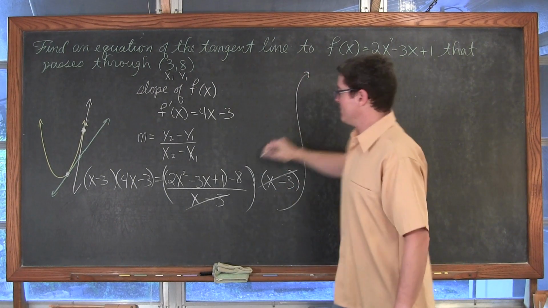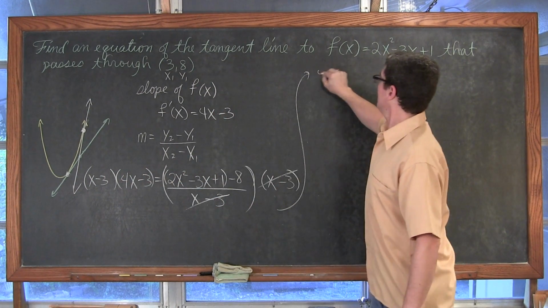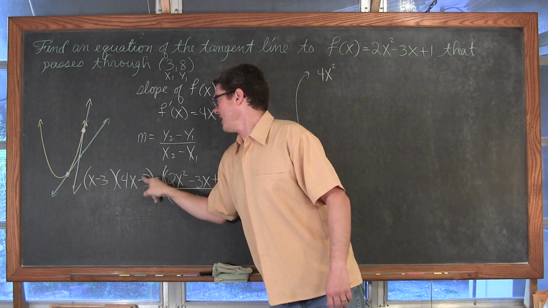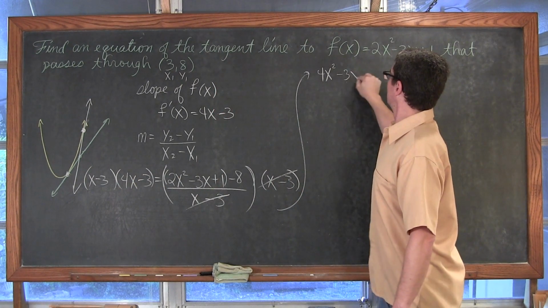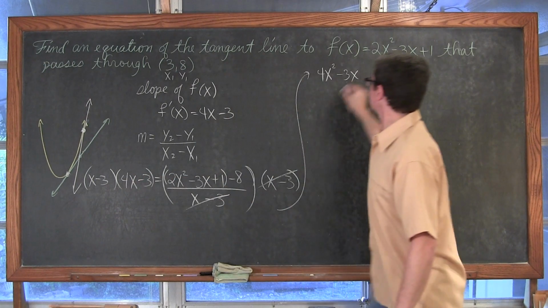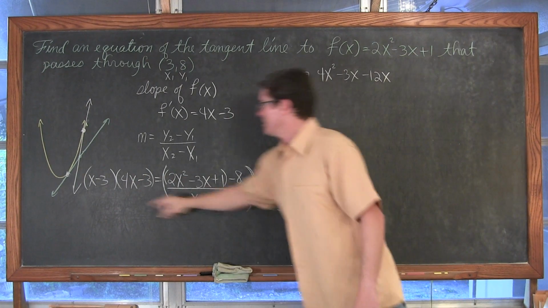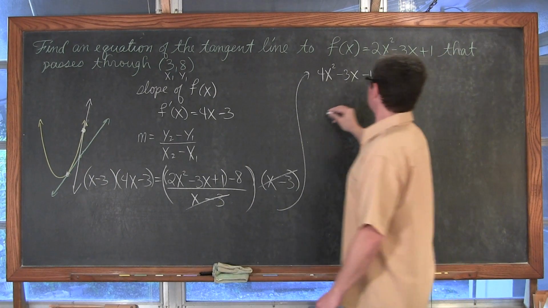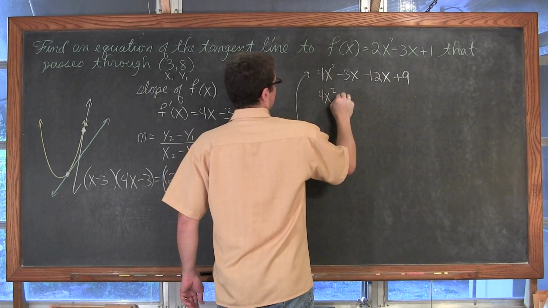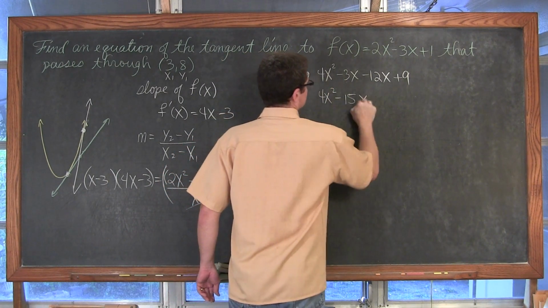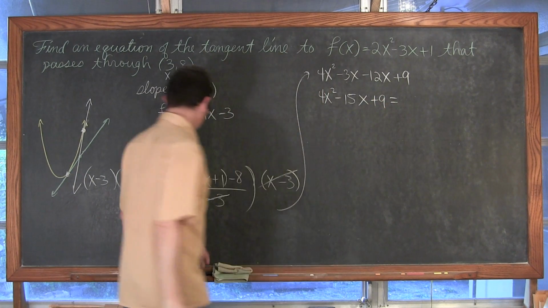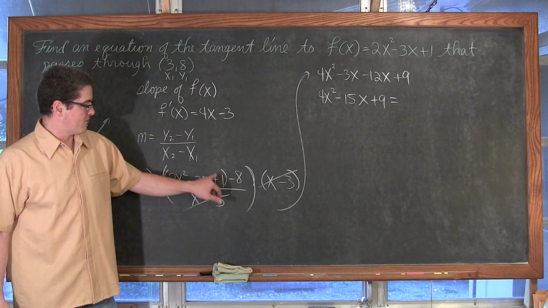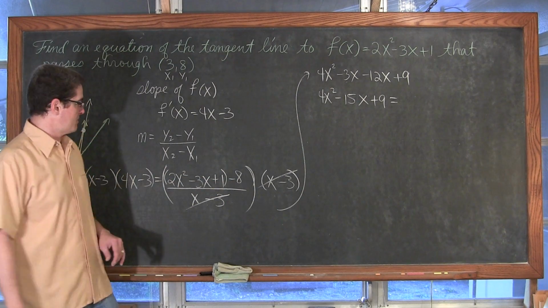And when we distribute these together, we're going to get 4x squared minus 3x minus 12x. Negative 3 times negative 3 is positive 9. That's going to be 4x squared minus 15x plus 9 is equal to, over here, of course this has a power of 2, a power of 1, and we got 1 minus 8, which is going to be negative 7.